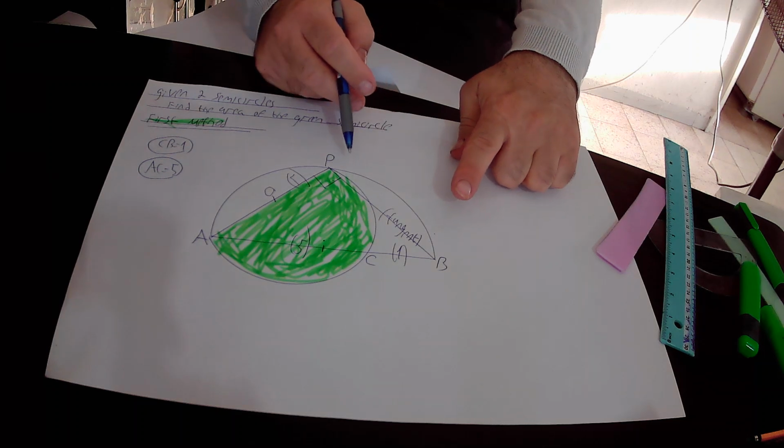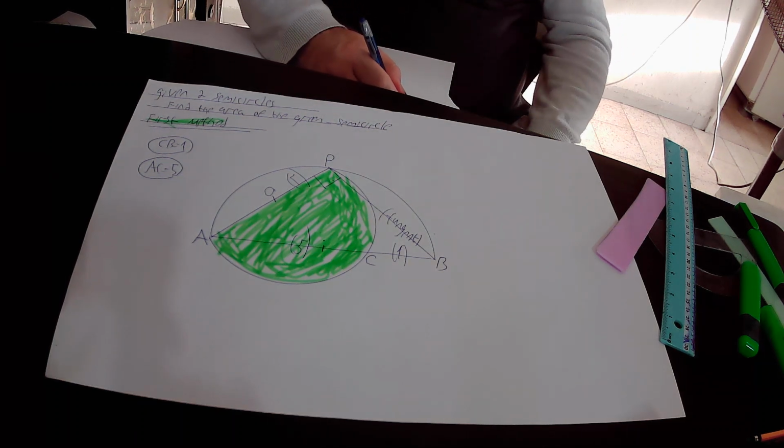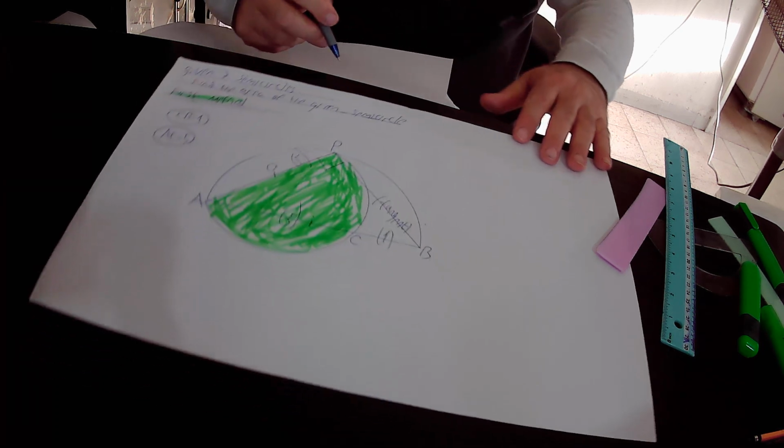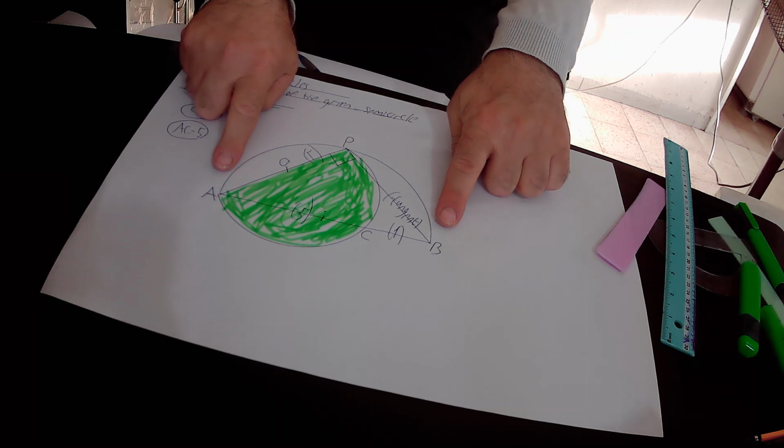BP is the missing tangent, so we'll leave it as it is. BP square equals BC times BA. BC is 1, therefore we substitute BC in the equation by 1, times BA. BA in total equals 5 plus 1, that is 6.